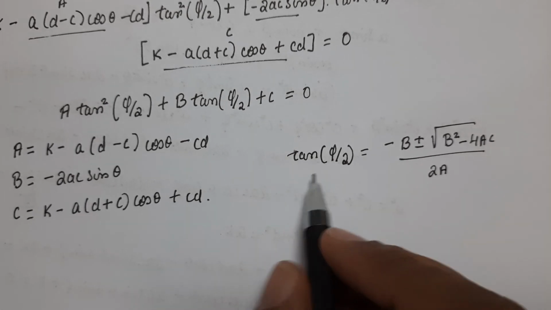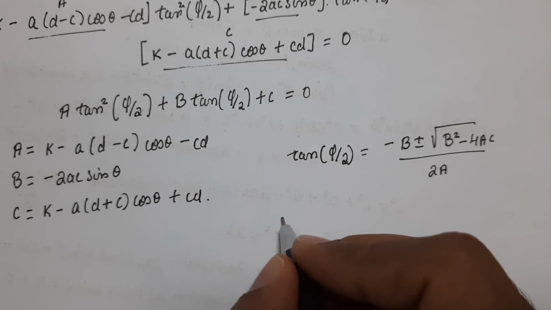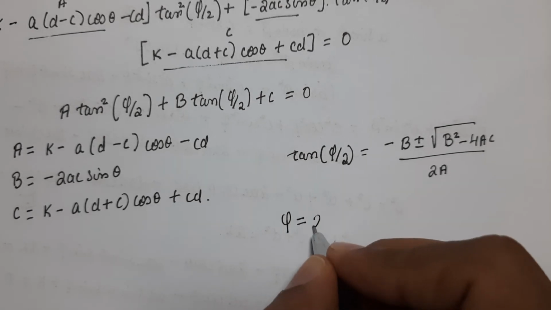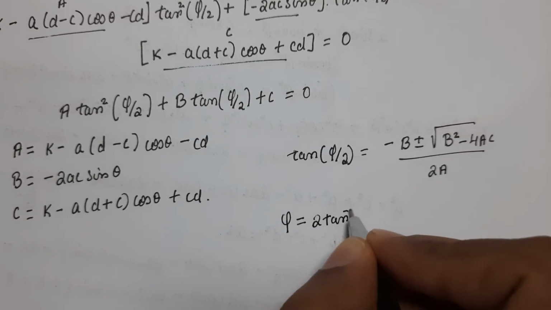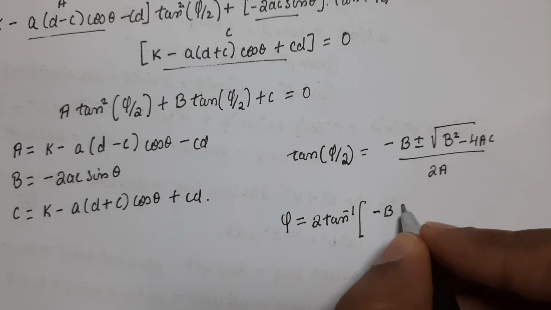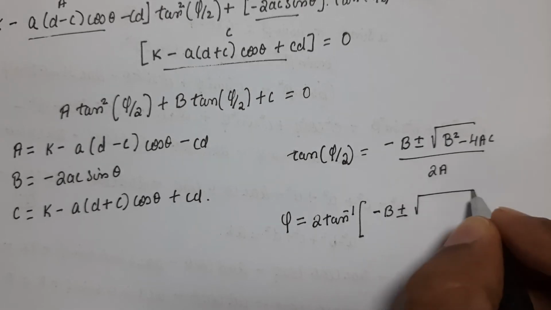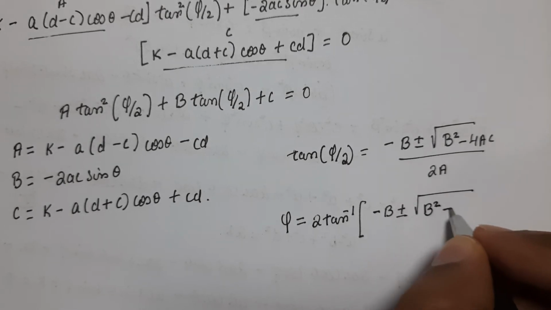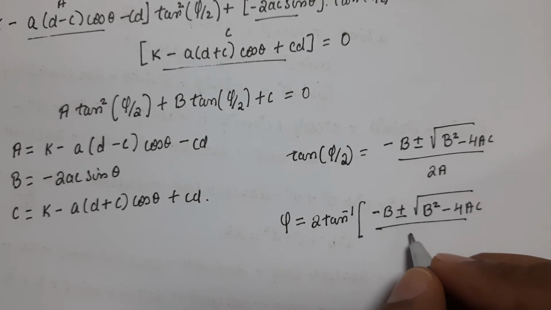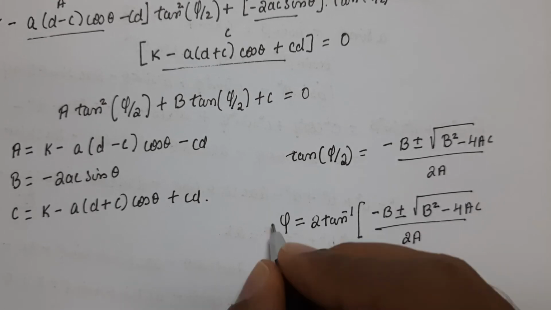So the angle phi, that is the position of the output link, is equal to 2 tan inverse of minus B plus or minus root of B square minus 4AC divided by 2A.